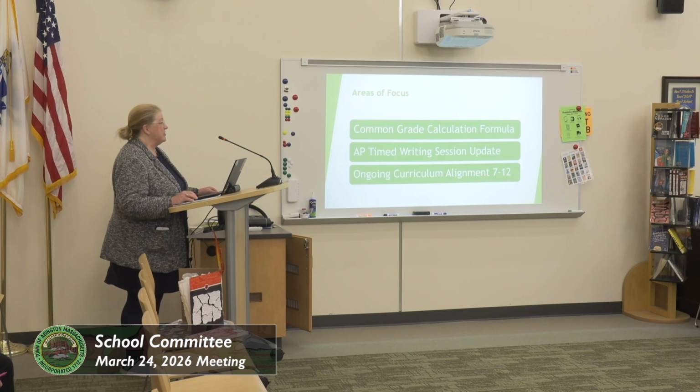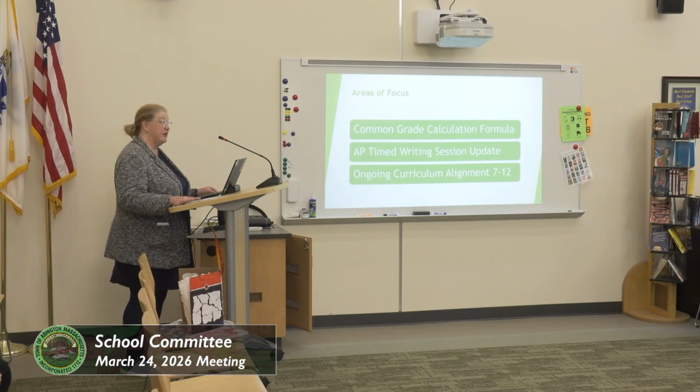And the last 10% is for accountability. Sometimes things like participation, attendance, homework is accountability, but it doesn't necessarily tell you what students know and are able to do and shouldn't drive 15, 20, 25% of the grade.